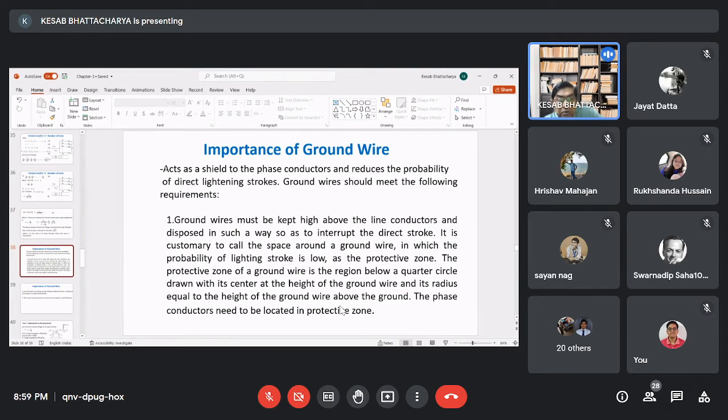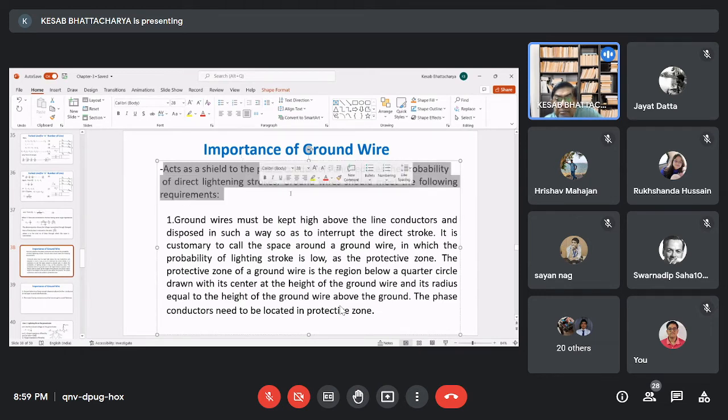Now, these ground wires or ground conductors must meet certain conditions or criteria they should fulfill. Only then can proper protection be provided by the ground wire to the phase conductors.